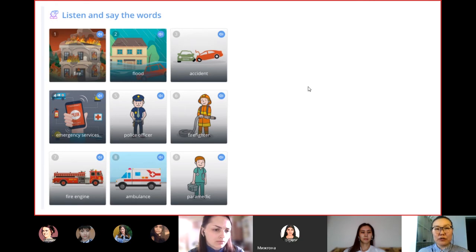Okay, so let's go further to the next one. Again, primary students, but the level is quite high. Pre-intermediate. Here we are going to talk about techniques. These are pictures.